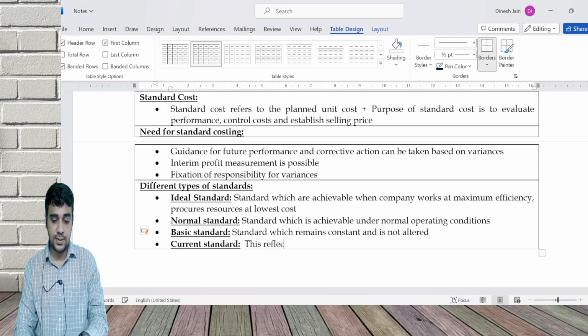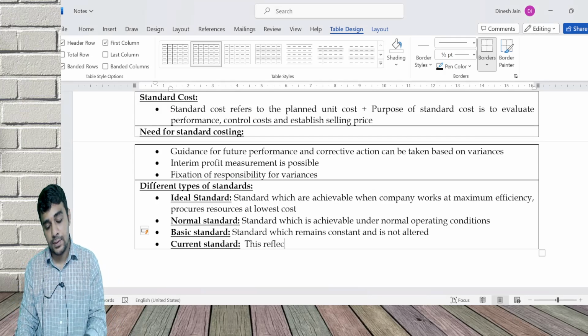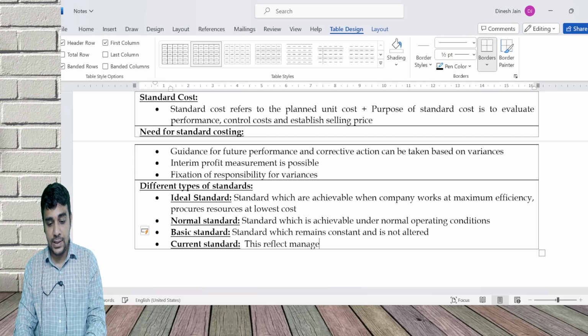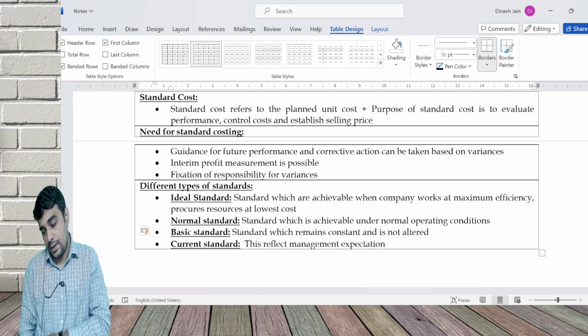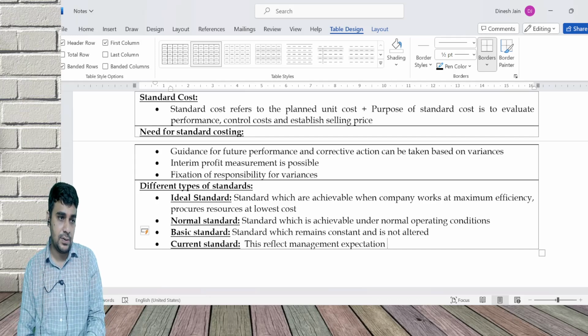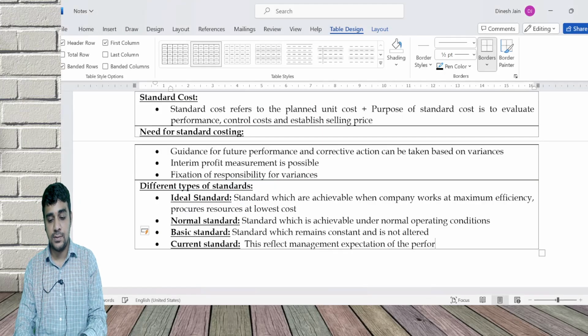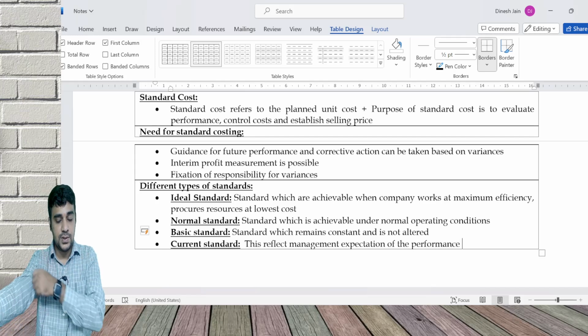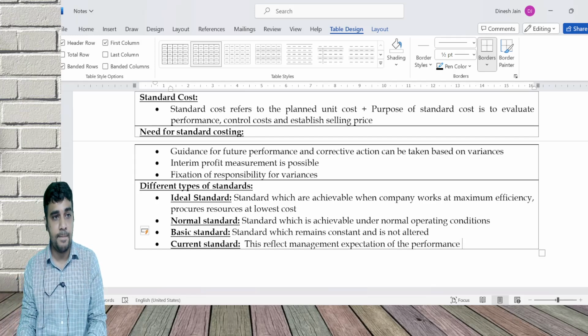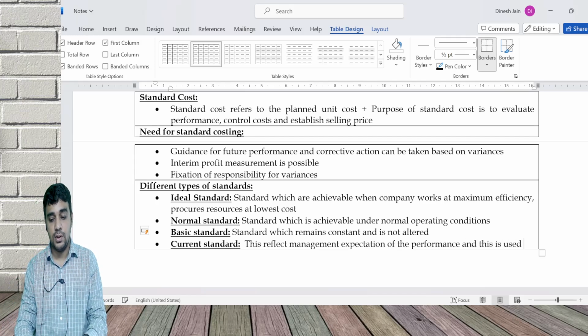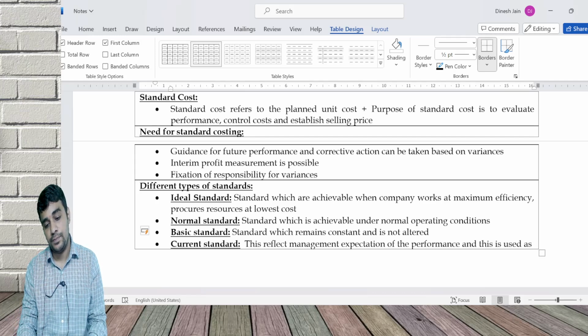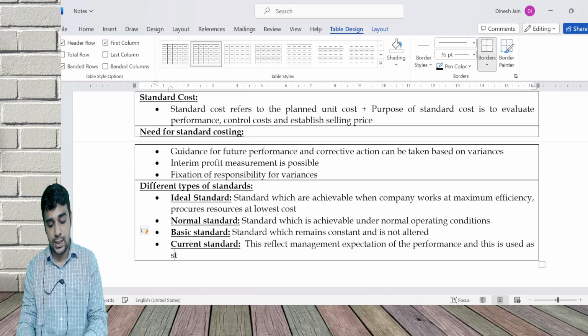Current standard reflects management expectation of the performance, and this is used as standard for performance evaluation.